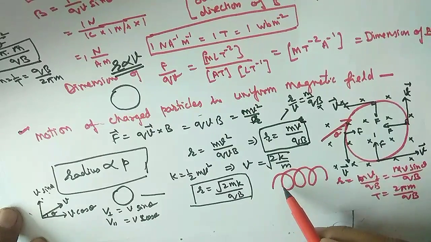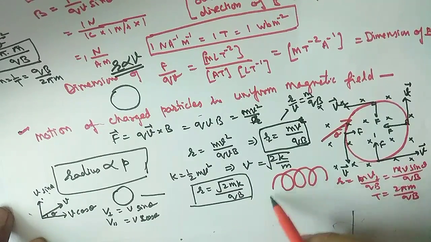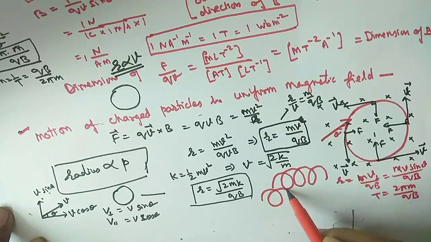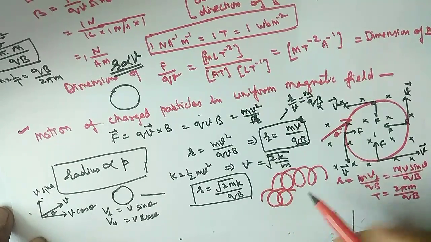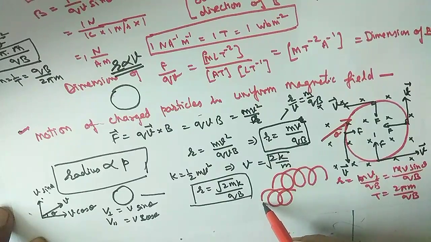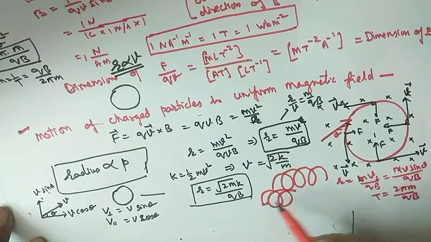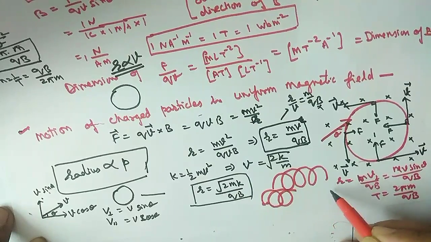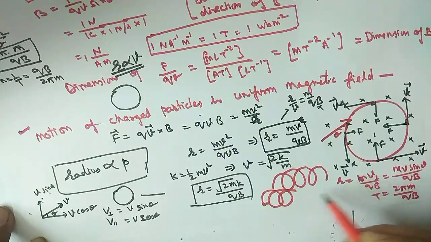What will be the value of the pitch? Pitch means, suppose this is one circle, this is the second circle, this is the third circle. You can see there is a linear displacement. After every one circle on the circular path, it covers a linear distance.